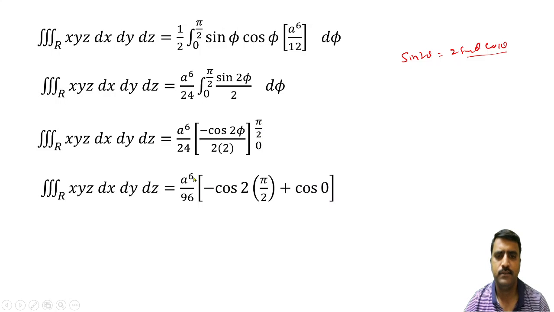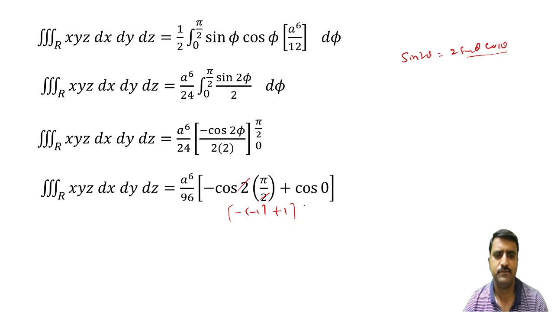A to the 6, 24 4s are 96. Minus cos 2 into pi by 2 minus of minus plus cos 0. This is cos pi, because the 2 and 2 cancel. Cos pi value is minus 1, so it is minus of minus 1 plus 1, right?